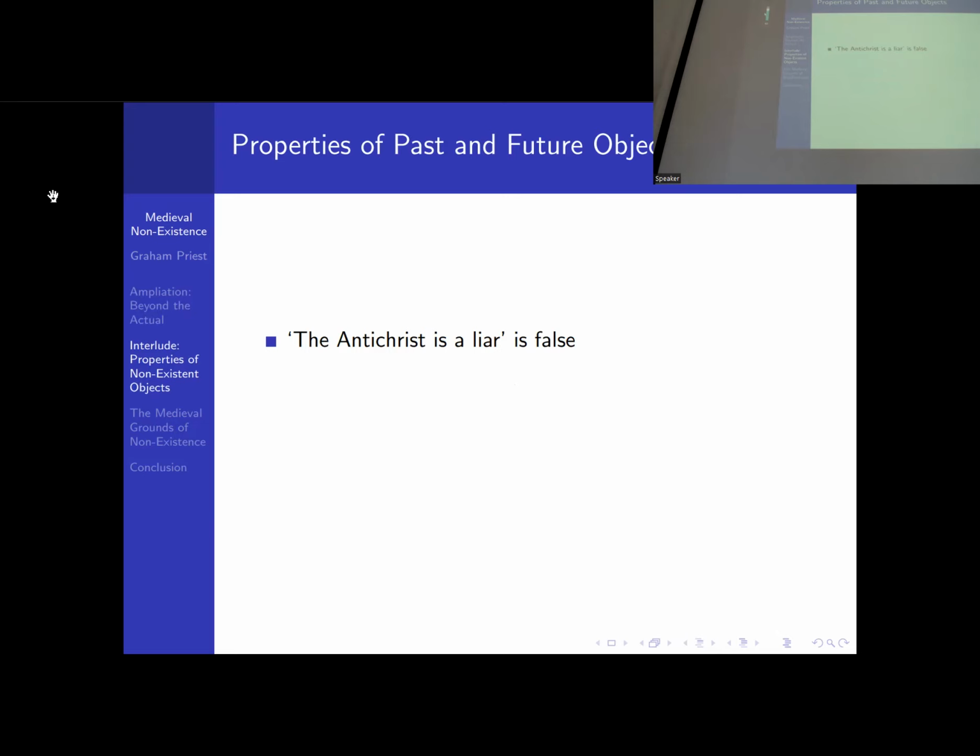I'll give you the reference if you want to know, but I think it's Paul who talks about the Antichrist in one of his epistles. But "the Antichrist is a liar" is false because remember, this is significantly tensed, and the Antichrist is something that does not exist in the 14th century.